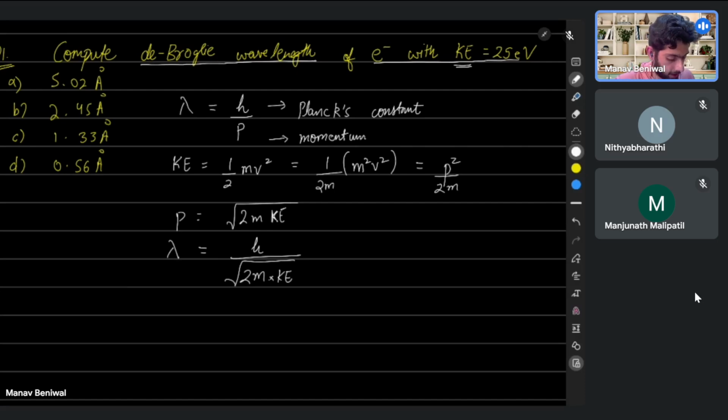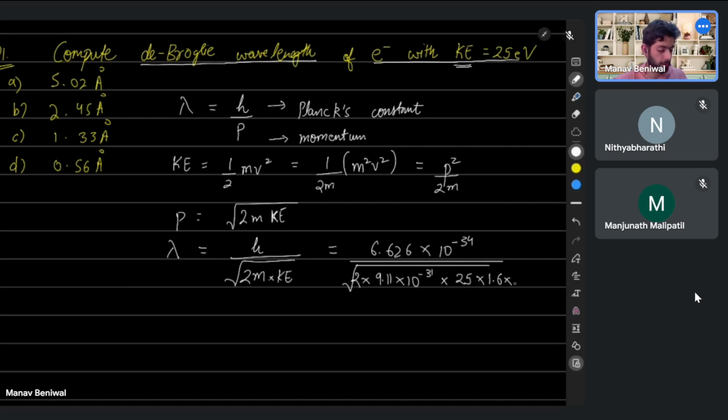Our h is 6.626 times 10 to the power minus 34, and then this root becomes 2 times the mass of electron, 9.11 times 10 to the minus 31 kg, and the kinetic energy is given in electron volts, 25 eV. So we will convert it to joules. How do we convert that? We multiply it by the charge of the electron, 1.6 times 10 to the minus 19, and root over the entire thing.